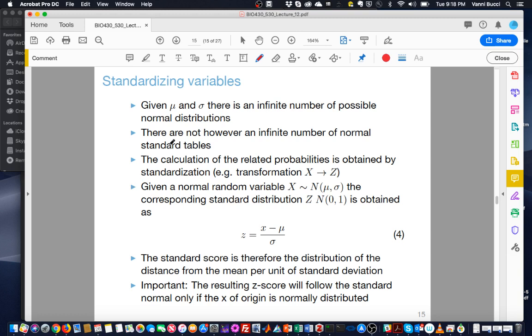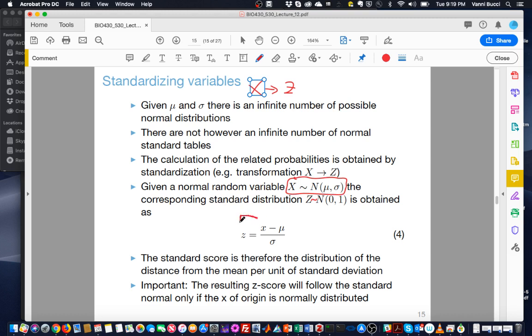As I said, given mu and sigma, there is an infinite number of possible normal distributions, but we don't have an infinite number of tables in our book. The idea is that you can apply a concept called standardization to go from an X to a Z. You go from a random variable which is normally distributed around the mean mu and standard deviation sigma to the corresponding standard normal distribution Z, distributed around mean 0 and standard deviation 1. How do we do this?